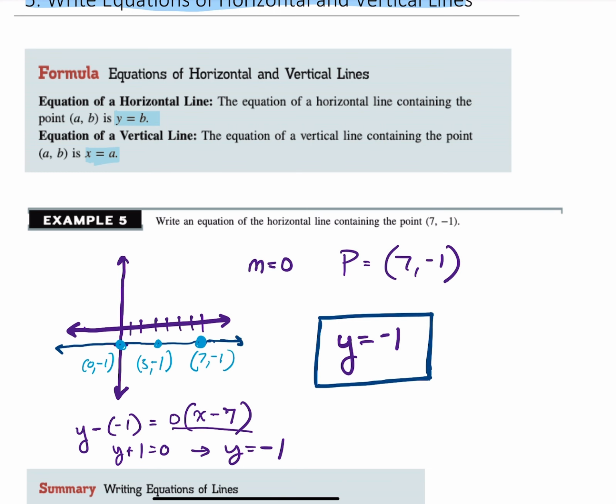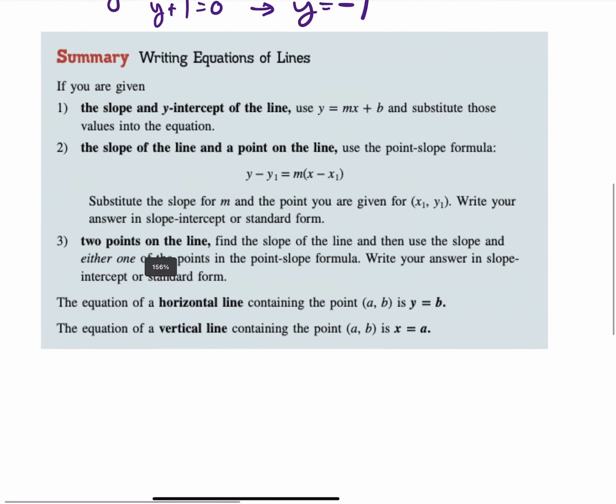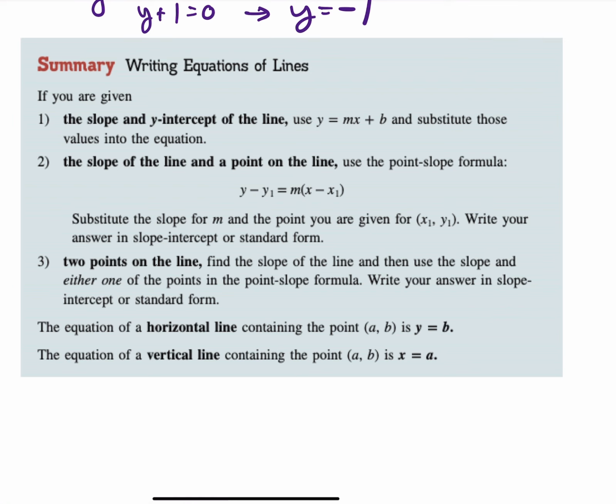So that gives us a handful of techniques for writing equations of lines. So just to summarize these again, if you're given the slope and the y-intercept, use slope-intercept form. If you're given the slope and a point on the line, then you can use point slope. If you're given 2 points, then use the slope and either one of the points.